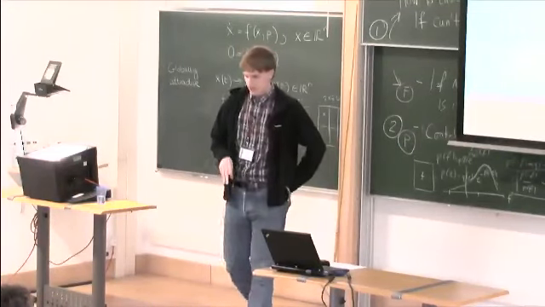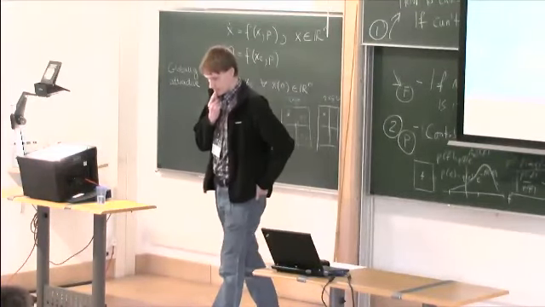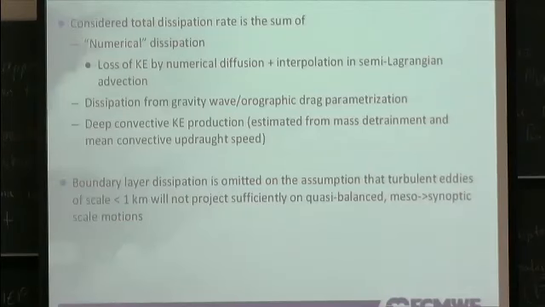Yeah, how is this dissipation rate done? It can be confusing. We call it the total dissipation rate, but it actually isn't the total dissipation rate the atmosphere would see. What we consider in the dissipation rate is a numerical dissipation, which should be the kinetic energy lost by horizontal diffusion and by the diffusion which is implied by the interpolation in the semi-Lagrangian advection scheme.